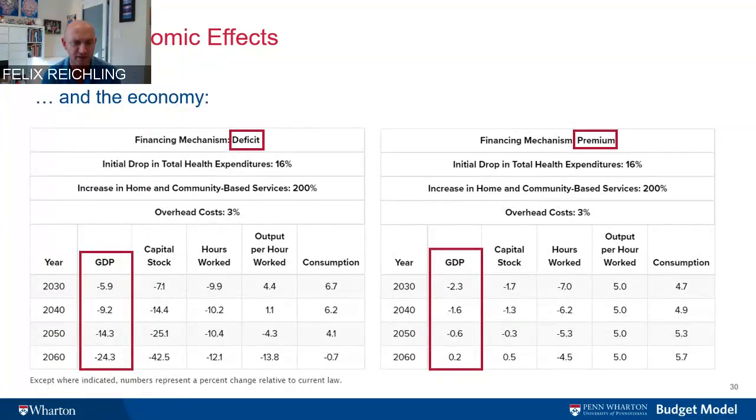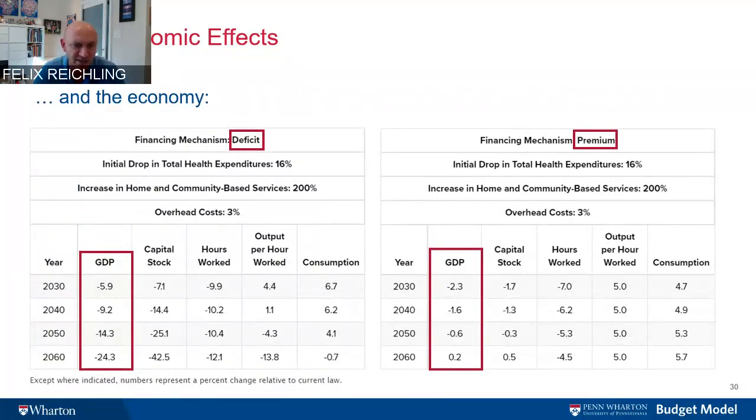Also interesting here is consumption, to look at what happens under deficit financing. People get basically a windfall today, and they consume much of that. They decrease hours of work a lot and increase consumption, and basically live from the deficits. Under the premium financing, hours of work are decreased by less because they have to pay for higher premiums, and consumption increases by less, and it stays higher than under the deficit financing.